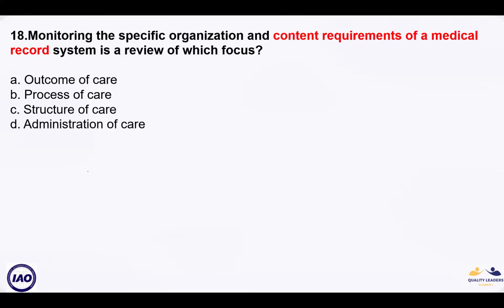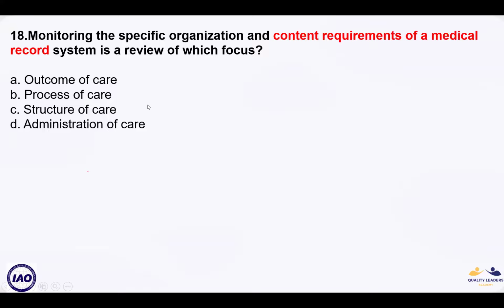Whereas reviewing whether those particular content fields like history, physical examination, and consents were done properly or not, if we check that documentation, that is process. And if you check what a doctor has documented during the visit, you will be looking at the process itself, right?